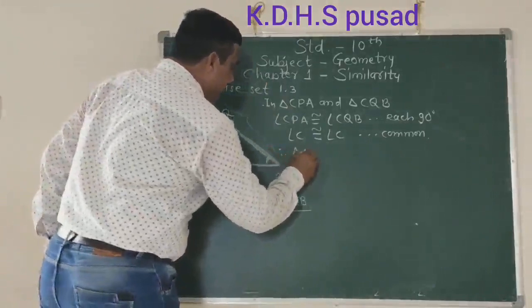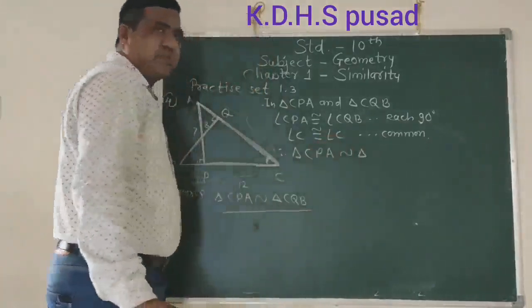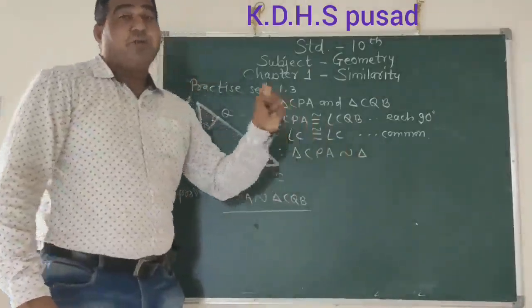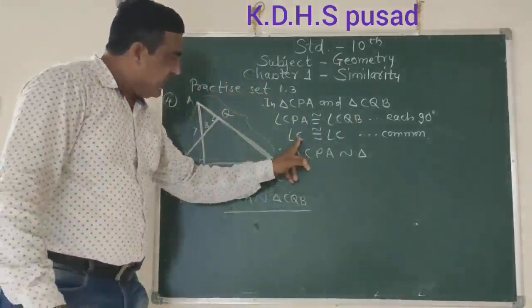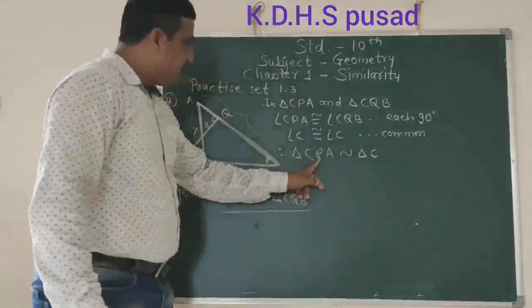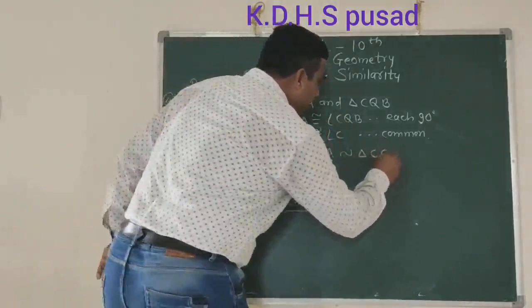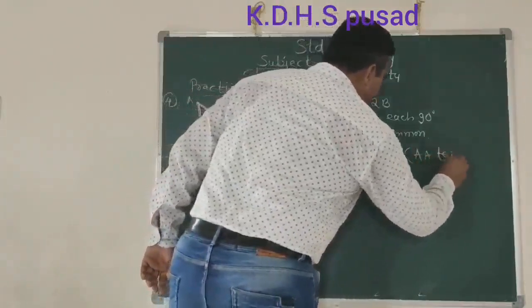Therefore, triangle CPA is similar to triangle. Now, while writing the name of the second triangle, you have to write proper correspondence. What matches with what? Angle C matches with C, so the first letter will be C. Then angle P matches with angle Q. So here Q, and the third letter is B. So by AA test we prove this.